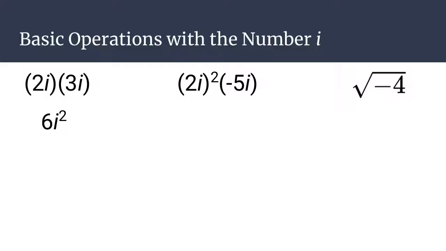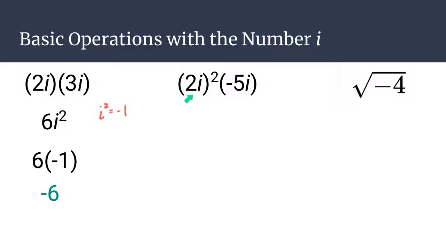And then we think about what i squared is, and from our previous slide, we knew that i squared was equal to negative 1. We have to remember that it is an important part in all of our work, especially our operations, that i squared is equal to negative 1. So really 6i squared is 6 times negative 1. And then finally, your answer is negative 6.